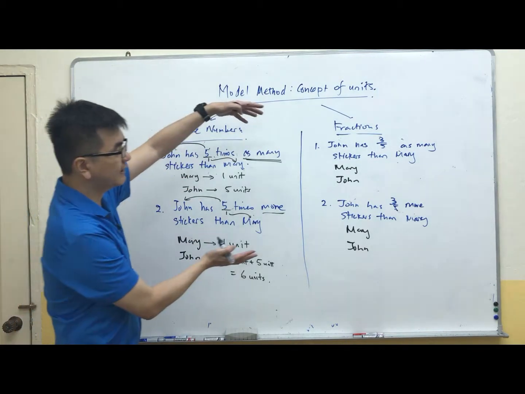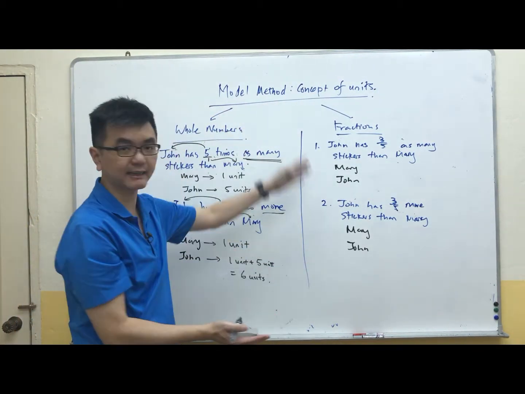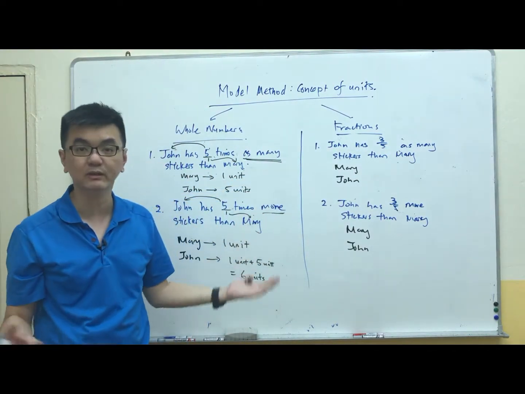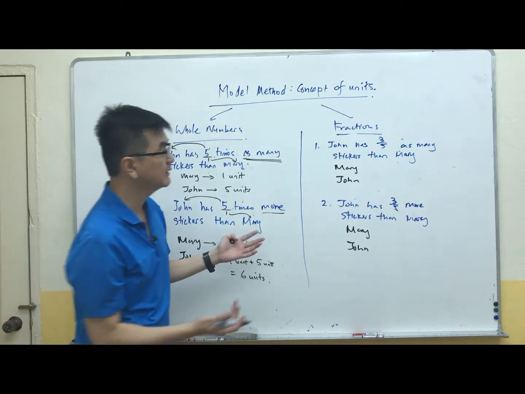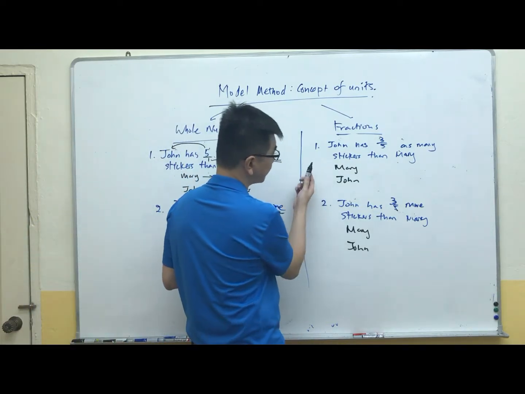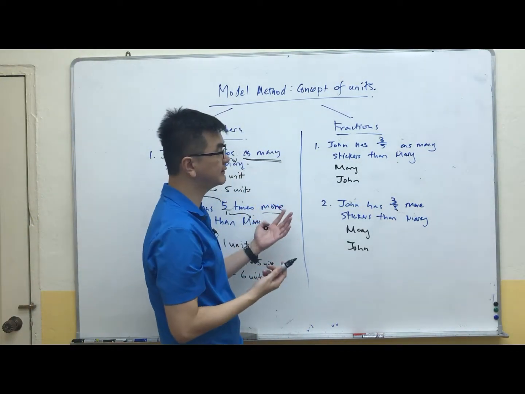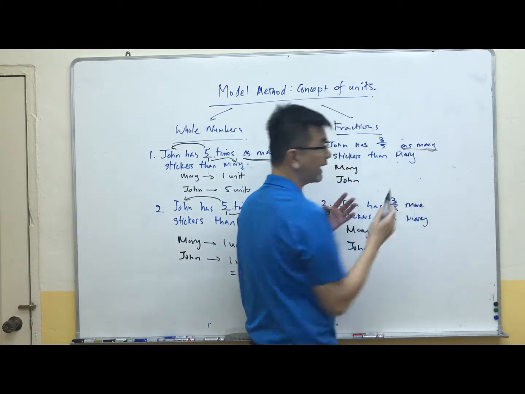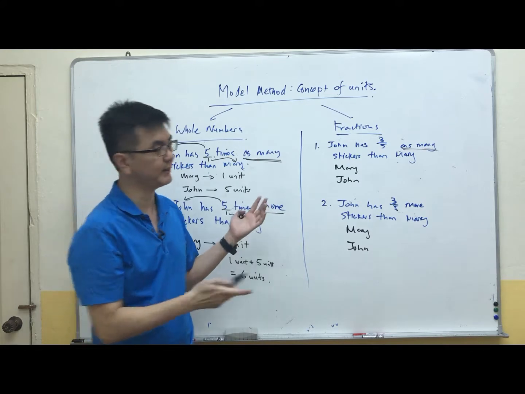Where fractions are involved, let's take a look at these 2 examples. With fractions involved, we do not have to do a conversion anymore. In this example, John has 3/5 as many stickers as Mary. "As many" means it's a direct comparison between John and Mary.